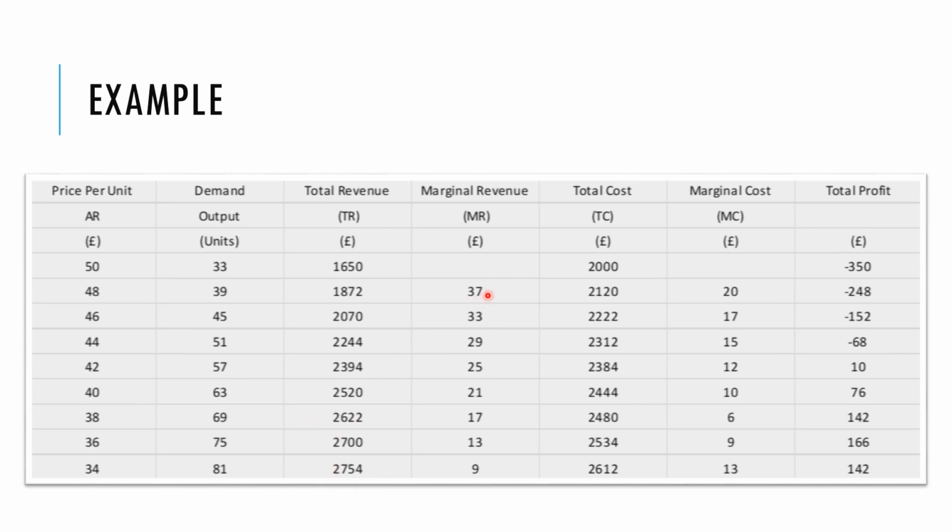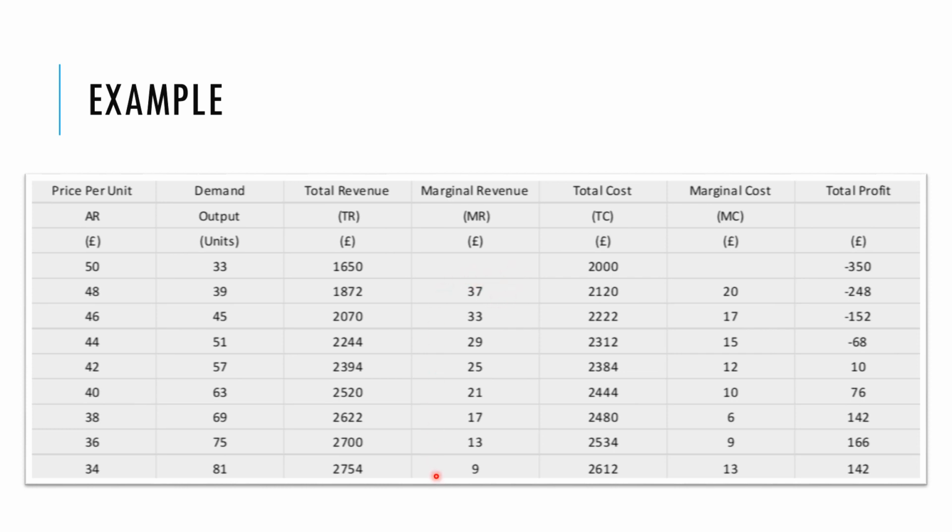And then here we have the marginal revenue: from those additional units, how much revenue has changed by. So here increasing by 6 units has led to this increase in revenue. So the 6th unit, the last unit, has increased revenue by 37.